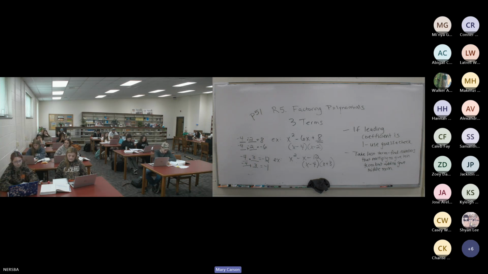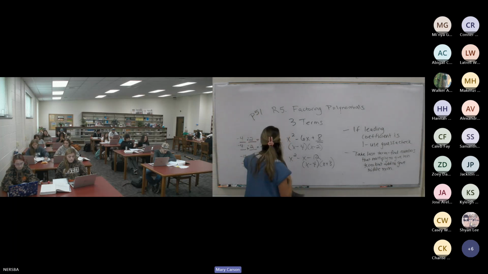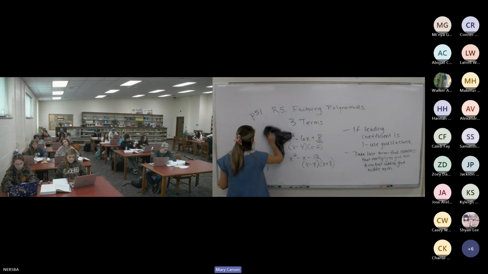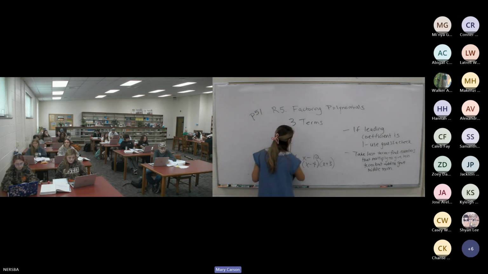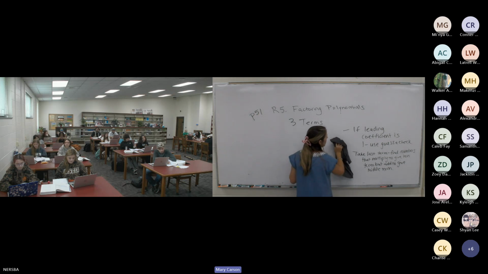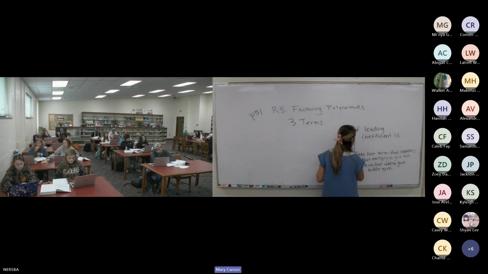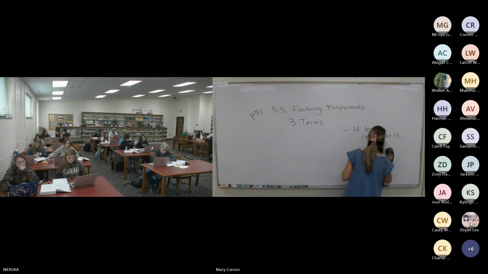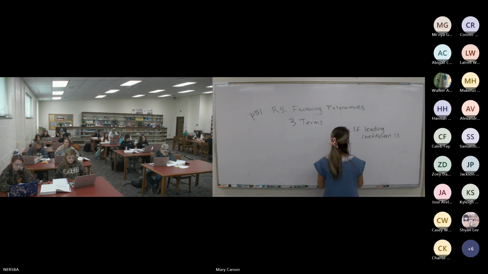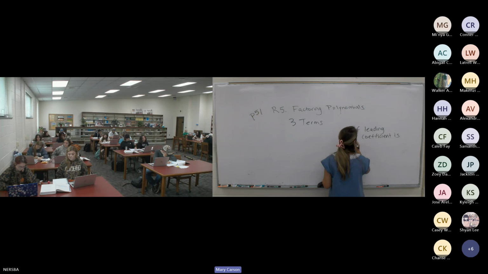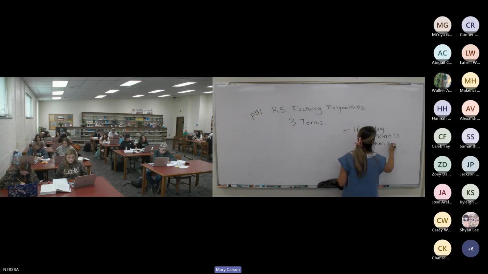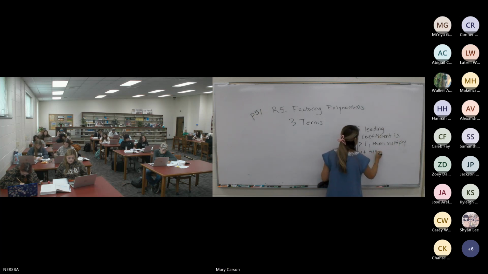For three terms, if the coefficient is not 1, then you have to do an extra step. This leads us into four terms also. So if the leading coefficient is greater than 1, then you're going to have to multiply the last term by the first term.